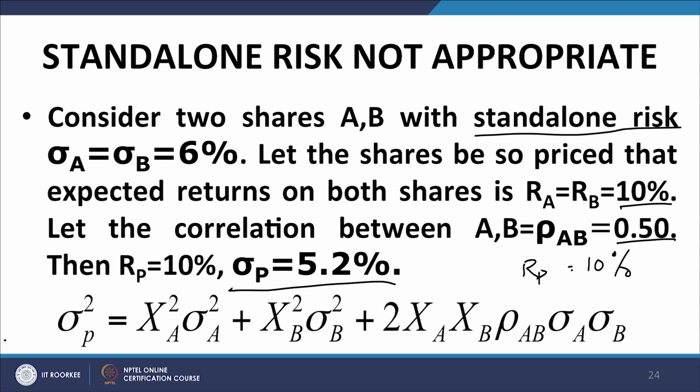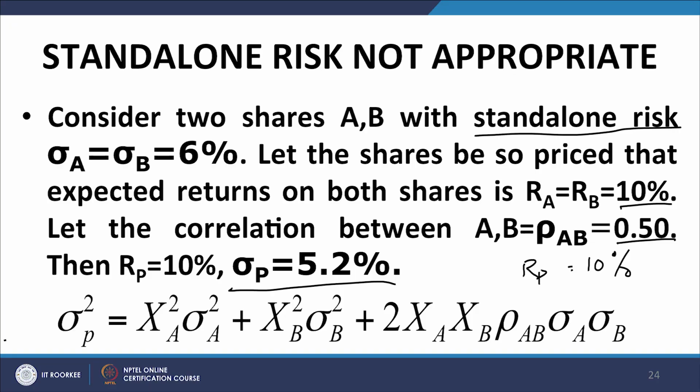Now, what do you do? You constitute a portfolio comprising equal weights in money terms of A and B. Say you invest rupees 1000 or 1 million, whatever, and you invest half of that in A, half of that in B. Because the expected return of a portfolio is the weighted average of the expected return of the constituent securities, it is very obvious that the expected return of the portfolio will also be 10%.